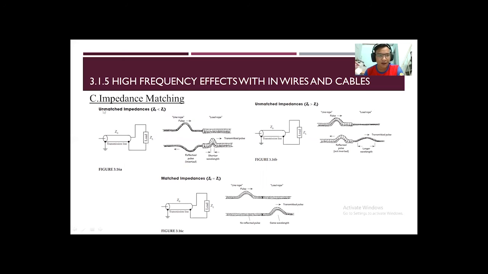We have unmatched impedance and matched impedance. For example, my headphone has Z0 and my laptop has ZL, right?